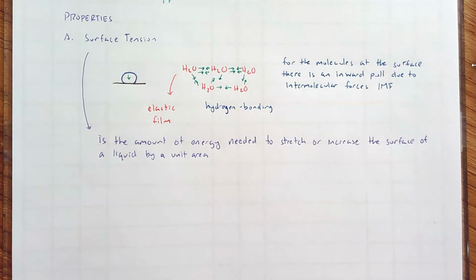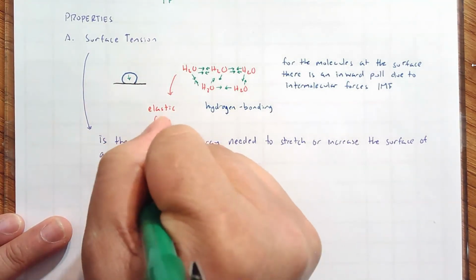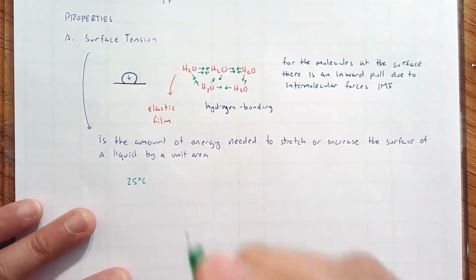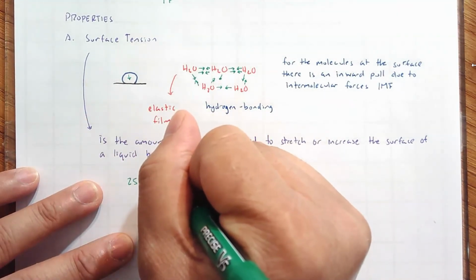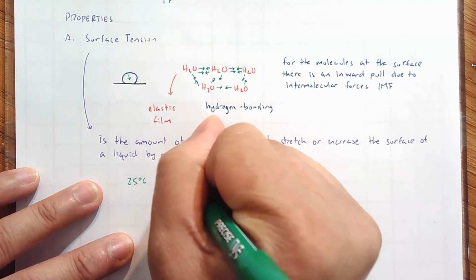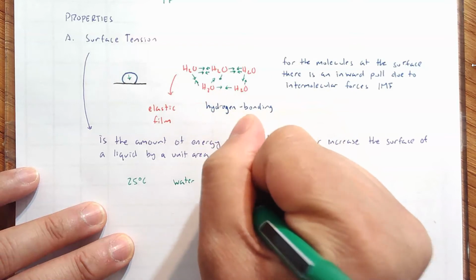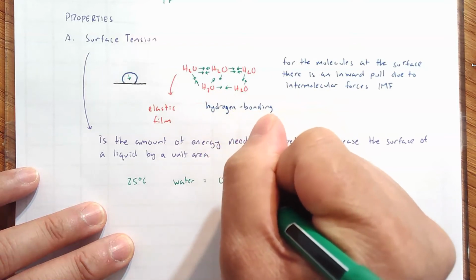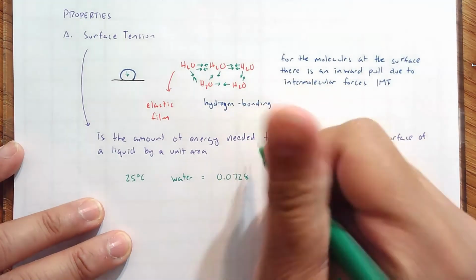Okay, so what are the units? I'm not 100% sure, but I think at 25 degrees, the surface tension of water equals 0.0728, and look at the units. We need energy.